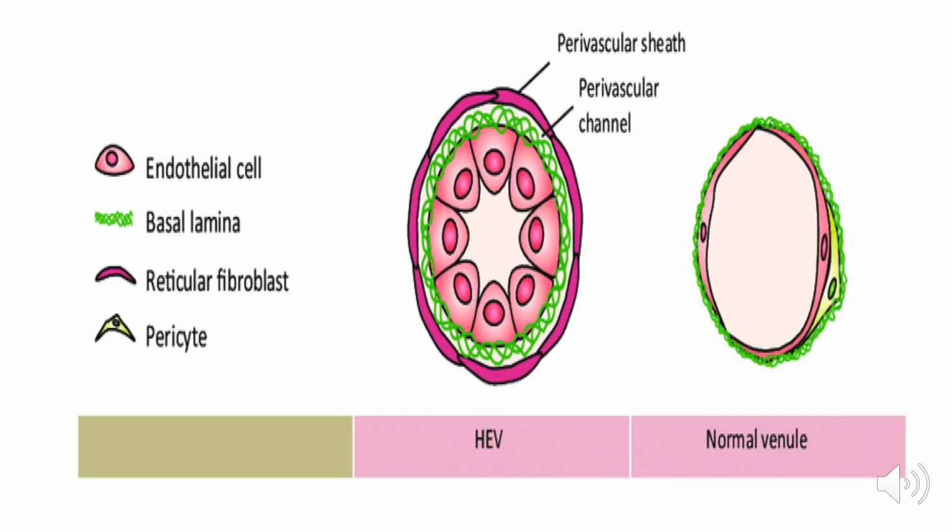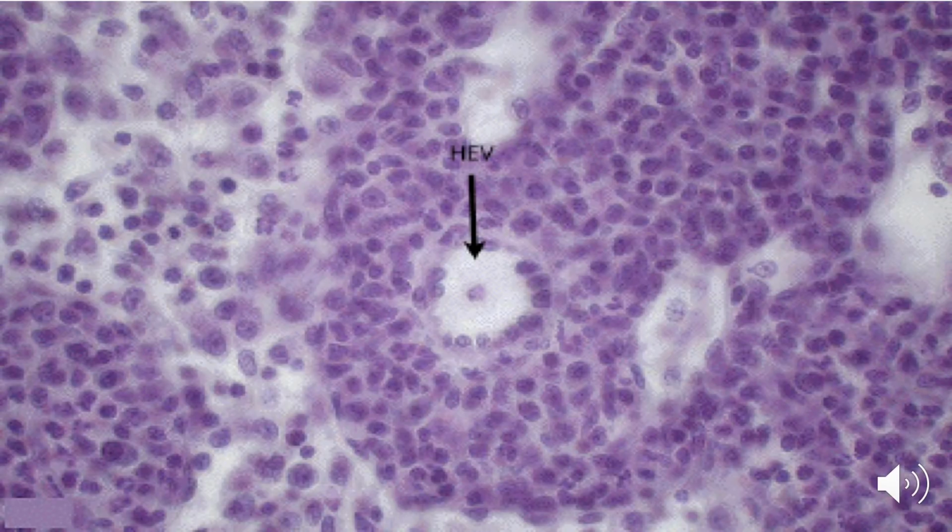What makes this high endothelial venule different from your typical blood vessel is that instead of being lined by simple squamous epithelium, the high endothelial venule has a simple cuboidal epithelium. This is a thin section of the lymph node, and take a look at the high endothelial venule. It's very obvious in the picture that it is lined by simple cuboidal epithelium.